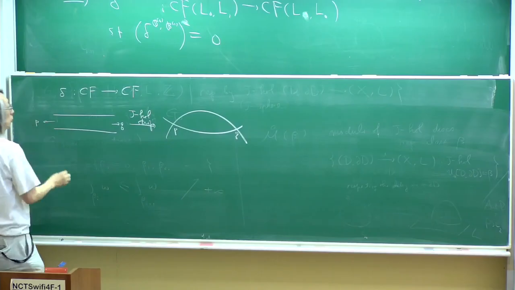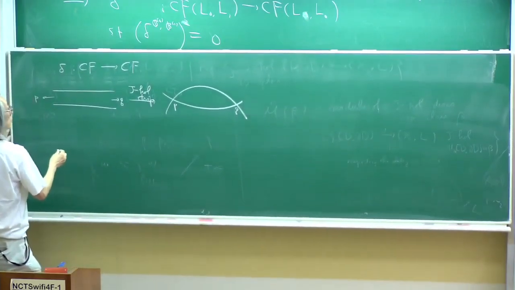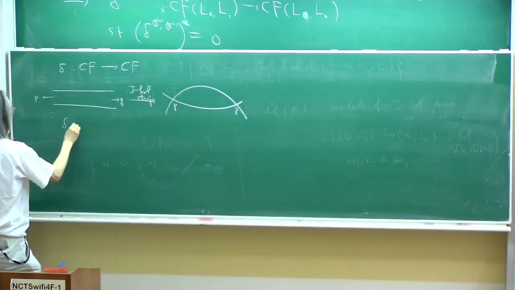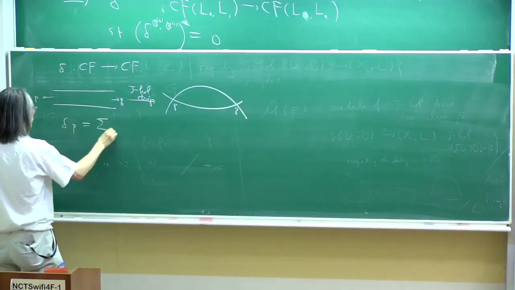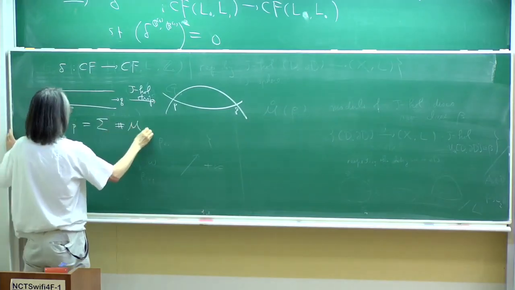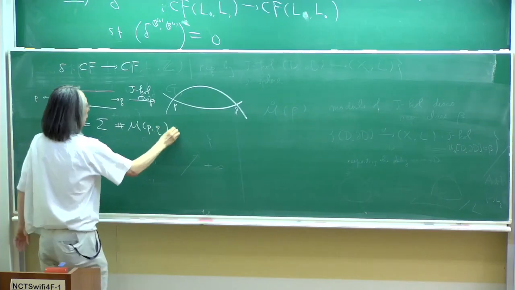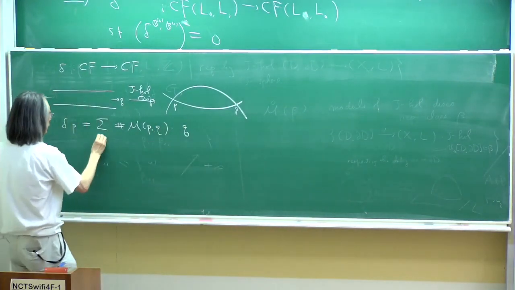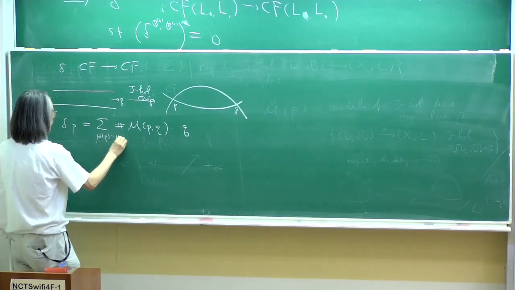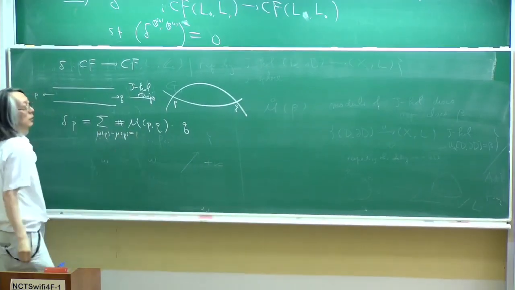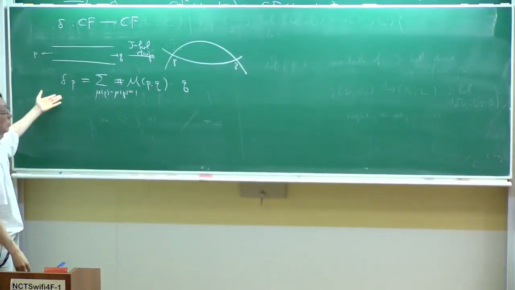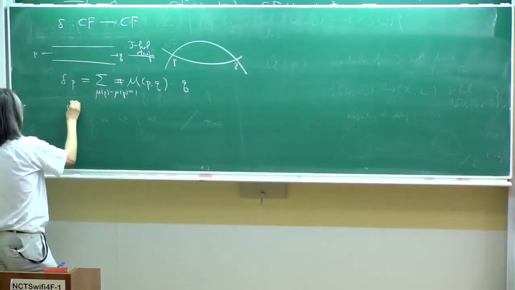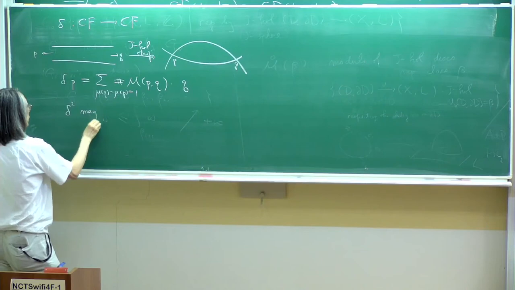So therefore delta P is equal to the sum of the number of this M of PQ, times Q. Maybe I need to put a tilde there, but somehow we consider it's this. So this was 1. Yeah? But delta square may not be 0.